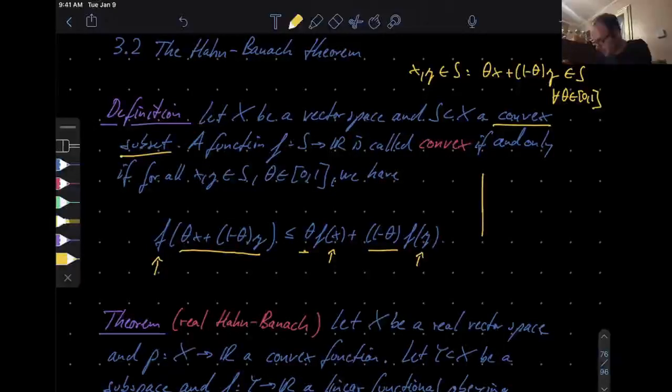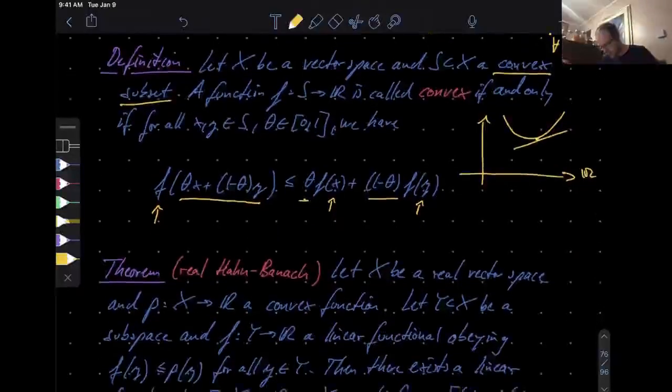On the real line, this is actually something one usually knows. Graphs of convex functions on the real line are those whose tangent lines always lie below the graph of the function, right? Sometimes they're called concave up, but we will say those are convex functions. All right, good.